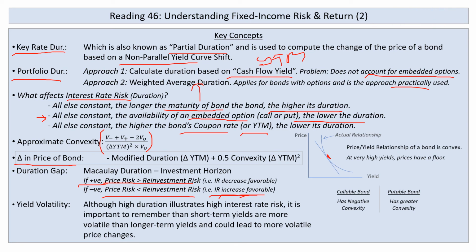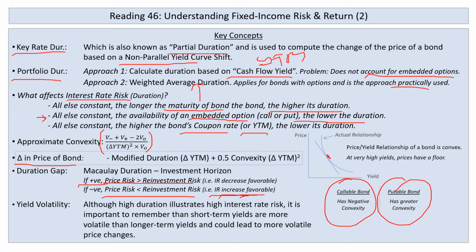Before we talk about yield volatility, I just want to provide some insight on callable bonds and puttable bonds. While a callable bond has negative convexity, this is the case only for a callable bond. Why?